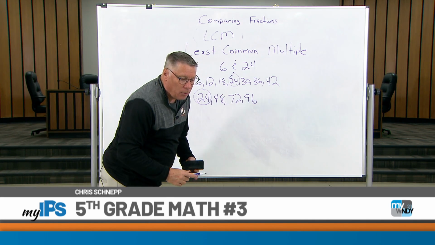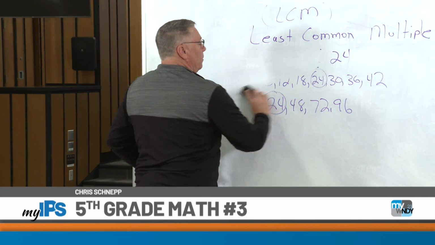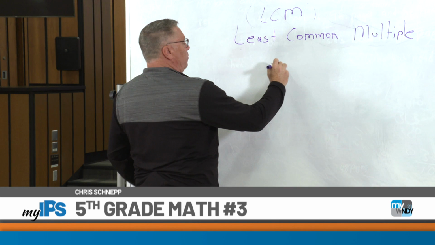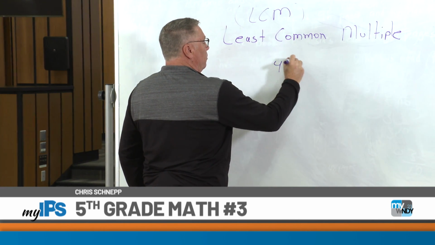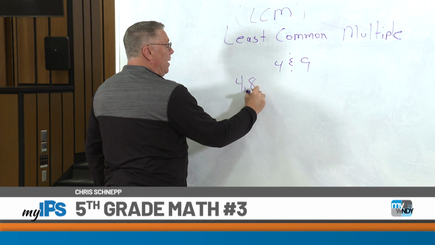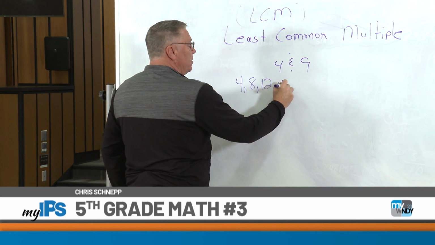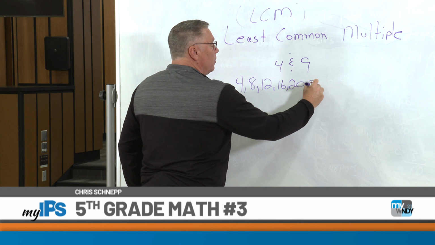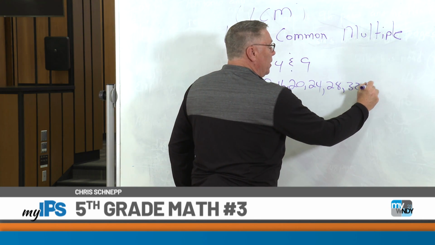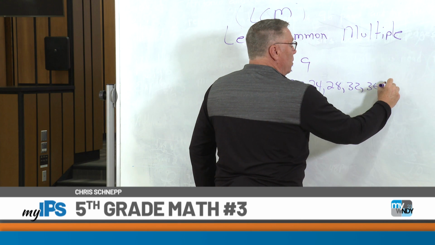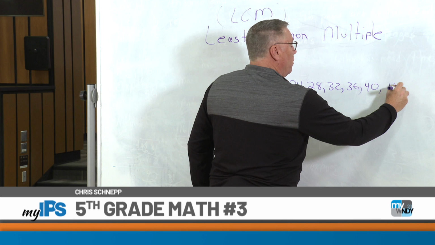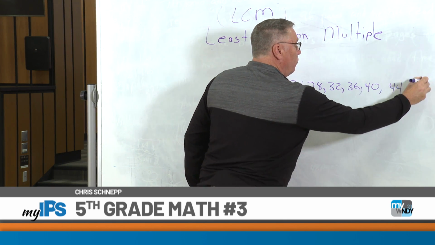Let's look at the numbers 4 and 9. Let's list the multiples of 4: 4, 8, 12, 16, 20, 24, 28, 32, 36, 40, 44, 48.